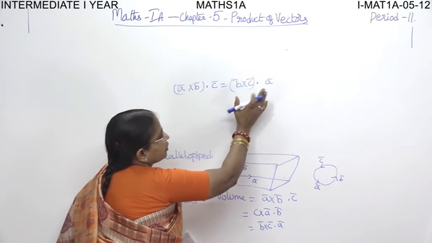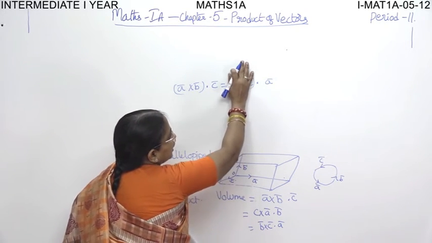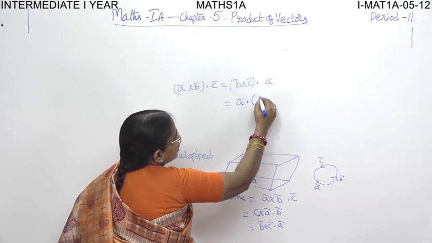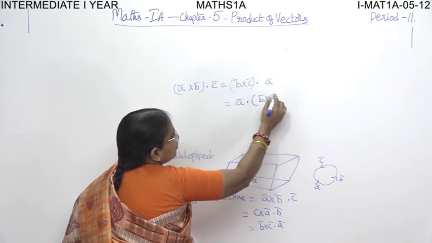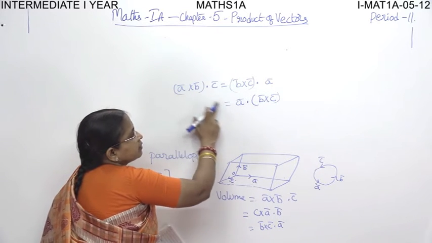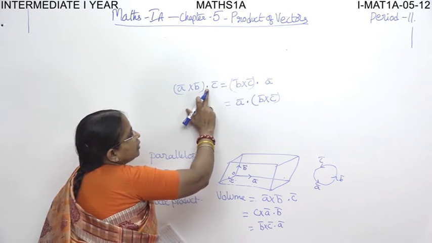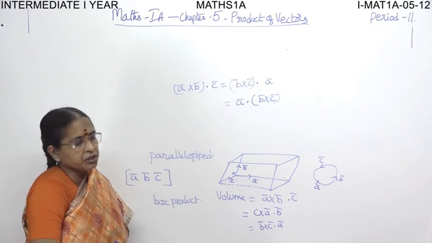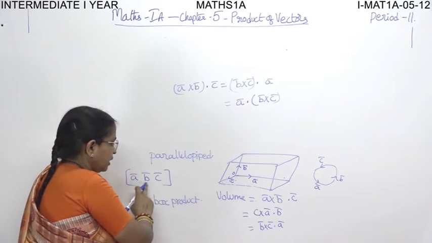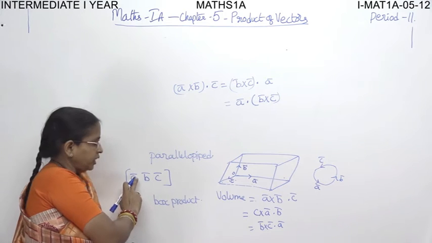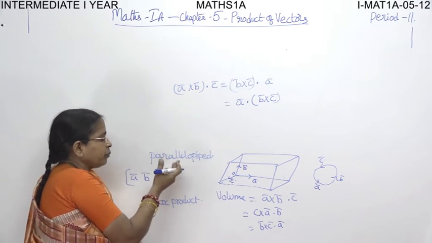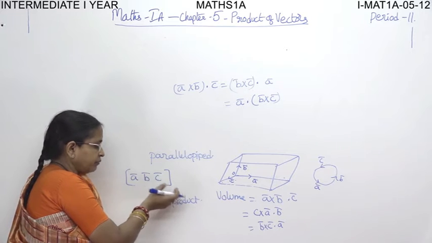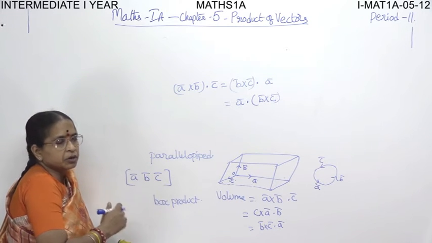So I can write A dot B as B dot A, that means A dot of B cross C. Now if you observe these two, dot and cross are interchanged. So that means in a scalar triple product, you can interchange dot and cross. You can put dot between any two vectors, and for the other two vectors, you will put cross.